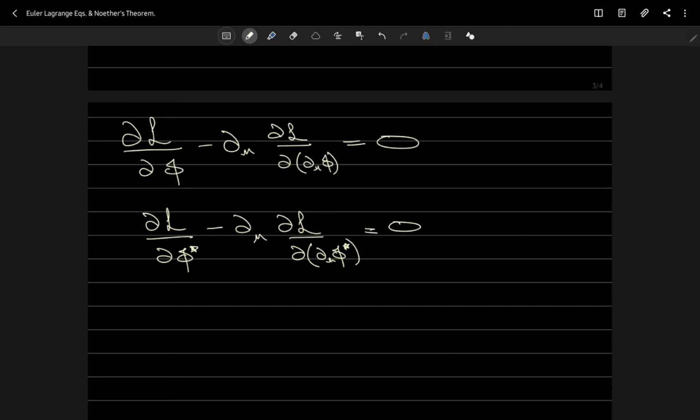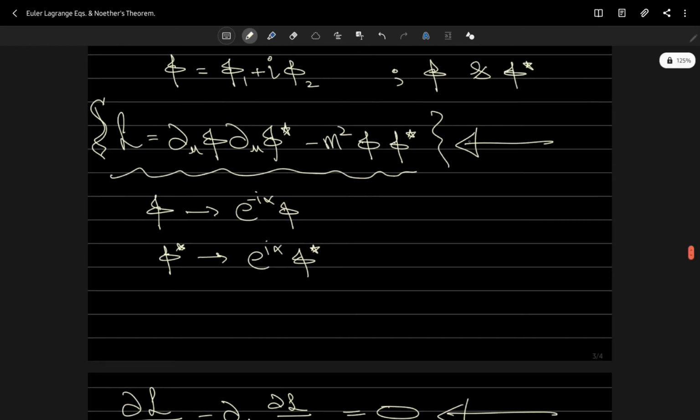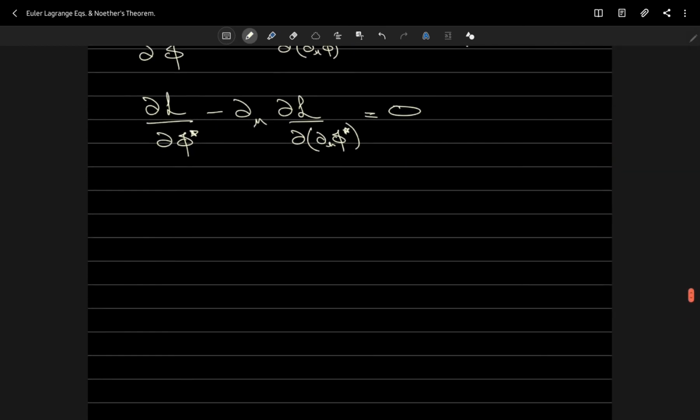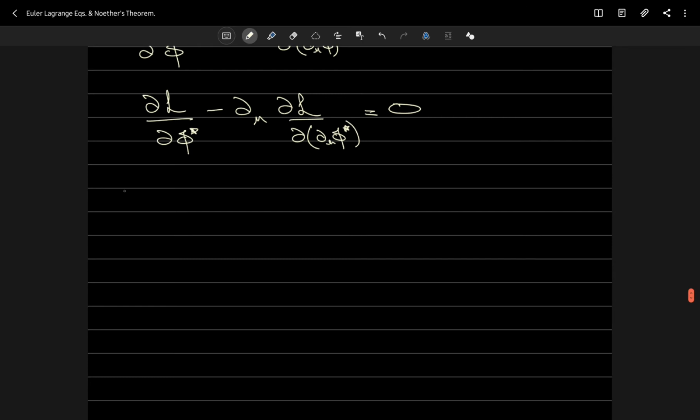Now first let's consider this first Euler Lagrange equation of motion, and let's solve for this one using the Lagrangian density that is given here. So let's go ahead and do it. We can expand this Lagrangian density as phi dot star phi dot minus, well, why can I do this?